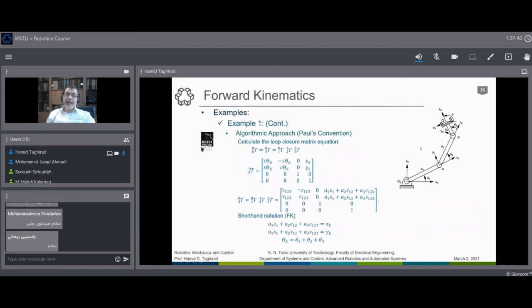If I can measure XE, for example with a camera or an external system, not from the joints, suppose we have a positioning system like a Vicon that can measure the position here, then it would be much easier to find this.